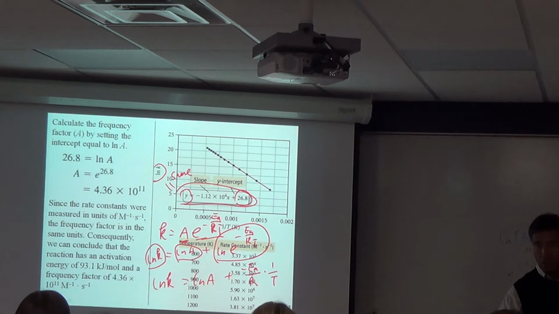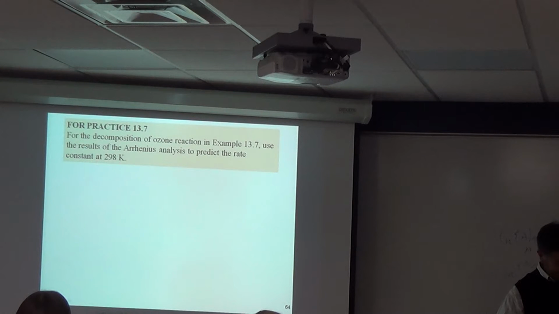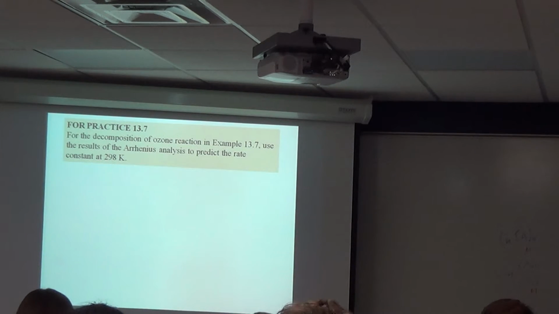So now this time I would like what Hope did. I would write ln k instead of y, equals negative 1.12 times 10 to the 4th.